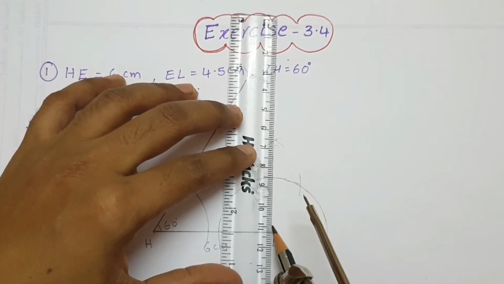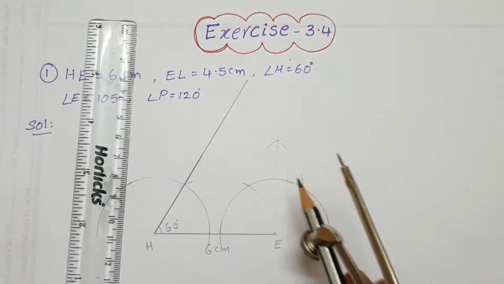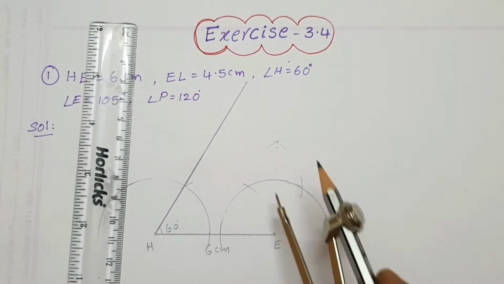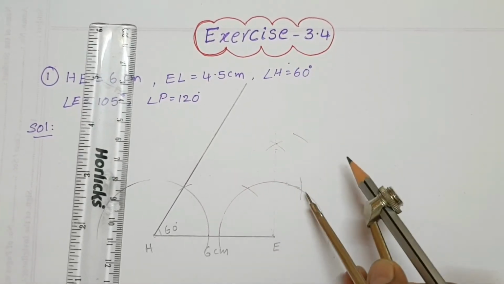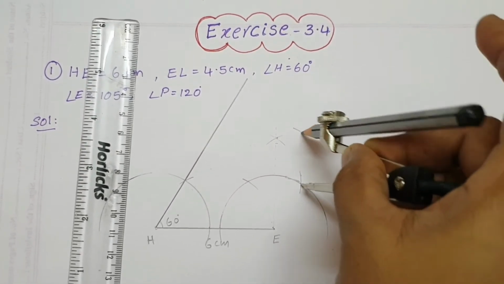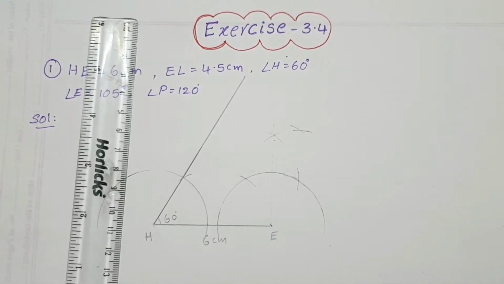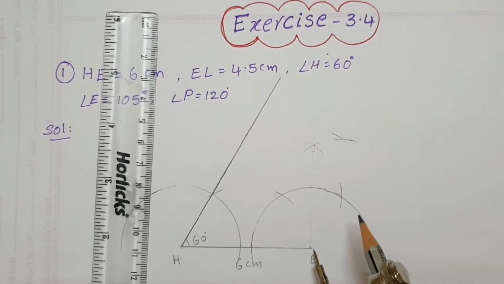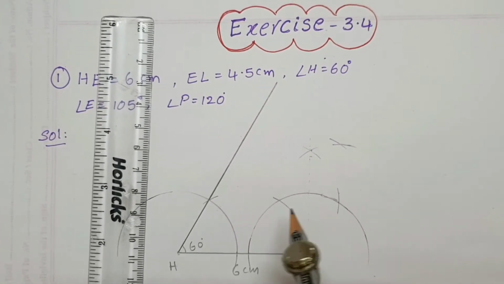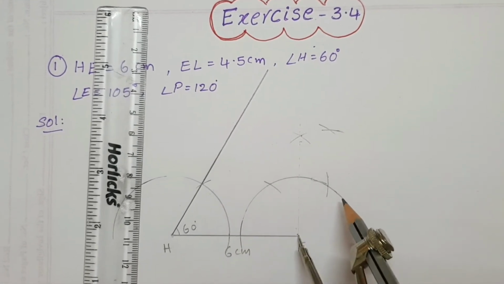So this is 90 degrees. From 90 to 120, between angle. 90 to one arc, 120 to another arc. So 90, 120 between. Here again, see here, below half of the measurement, draw one half circle.